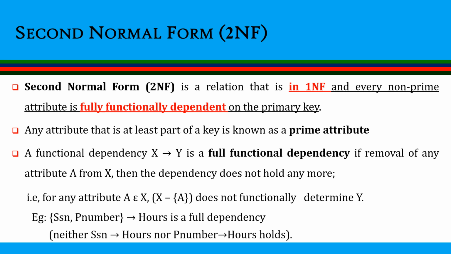That's an FD. If you remove any one attribute from X, that is SSN implies hours, that should not hold. P number implies hours, that also should not exist. So if you remove any attribute from the determinant, then it does not functionally determine the right hand side. Then such a dependency is called fully functionally dependent.